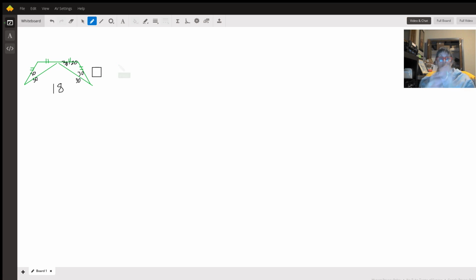So now we would know the perimeter because the perimeter is 18 plus this side, and they are the same, plus this side, which is the same, plus this side, which is the same. So we can start to write our perimeter.